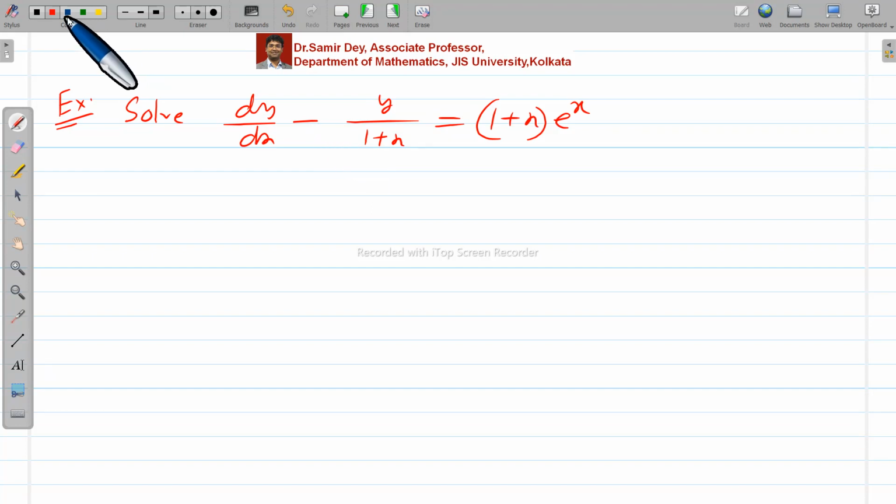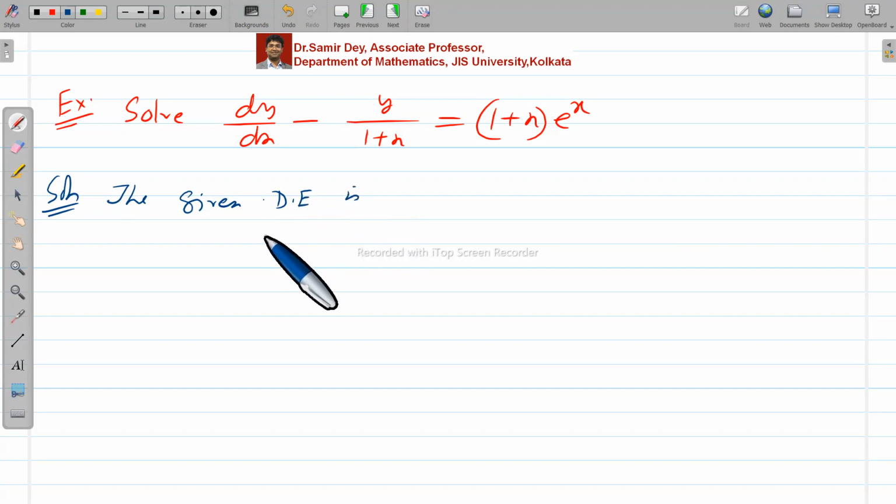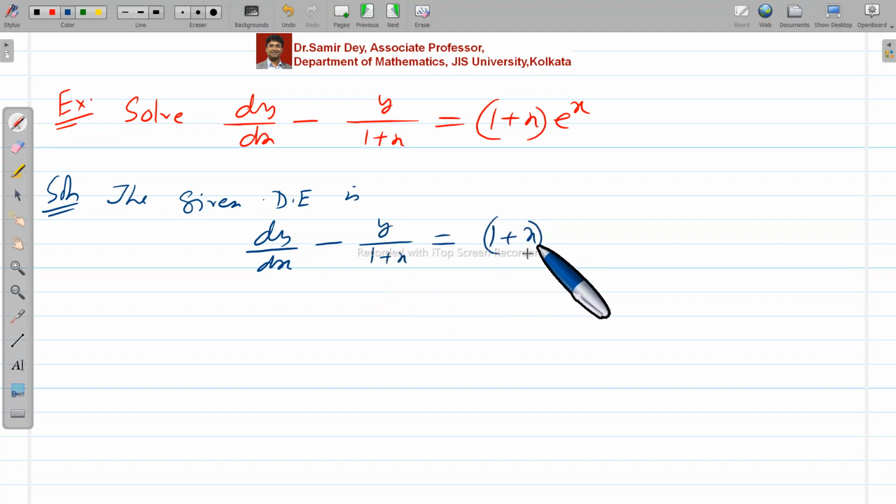Now let's see the solution. Write down the given differential equation: dy dx minus y by 1 plus x is equal to 1 plus x whole into e to the power x.